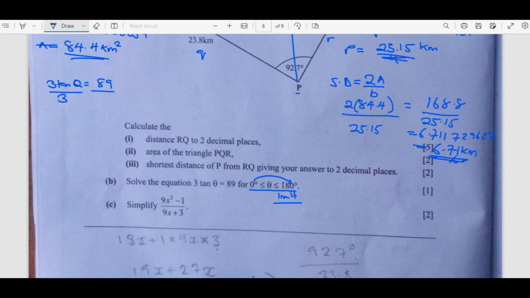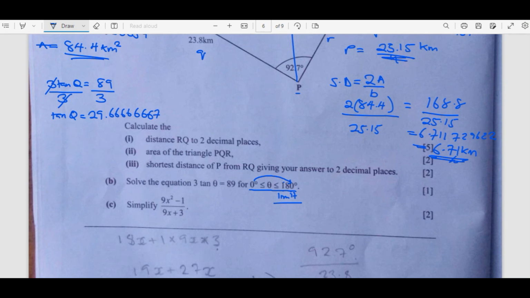So we introduce a 3 there, and then a 3 there. So 3, 3, and then we have tan theta is equal to, so when we use our calculator, we would find that 89 divided by 3, what are we going to have? We're going to have 29.66666, and then 7 there. So in this case, we solve for theta.